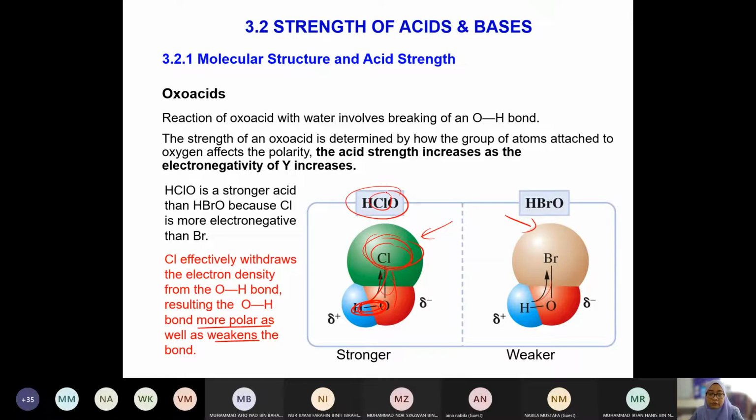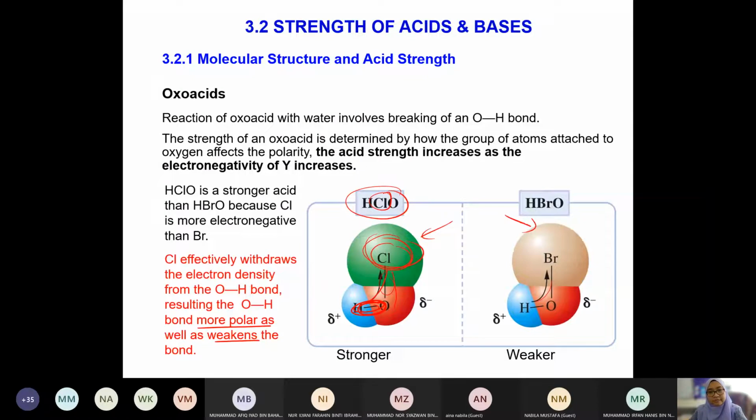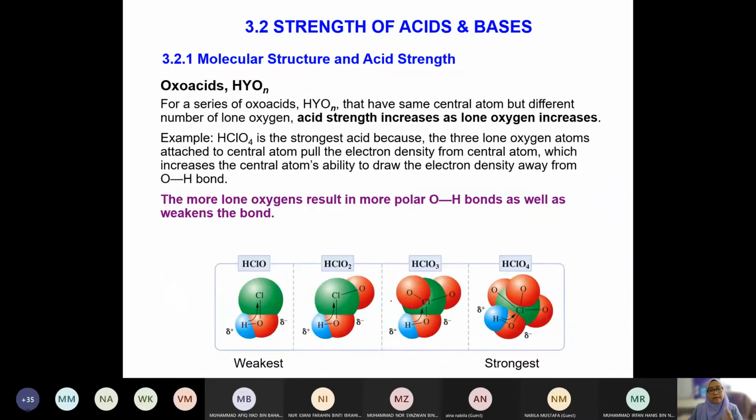Okay, not as powerful as Cl lah. Okay, that is in terms of the type of atom that is attached to the OH bond. Okay, that is attached to O lah, basically that is directly attached to O. Okay, alright.